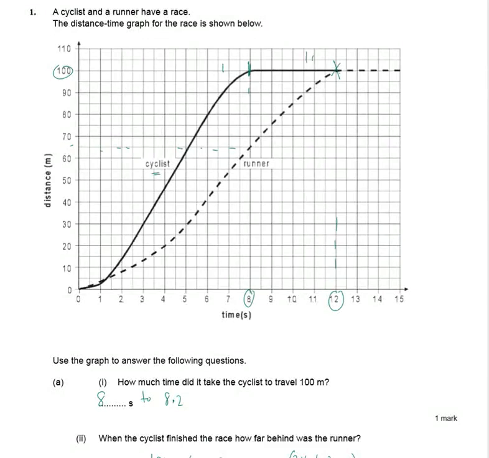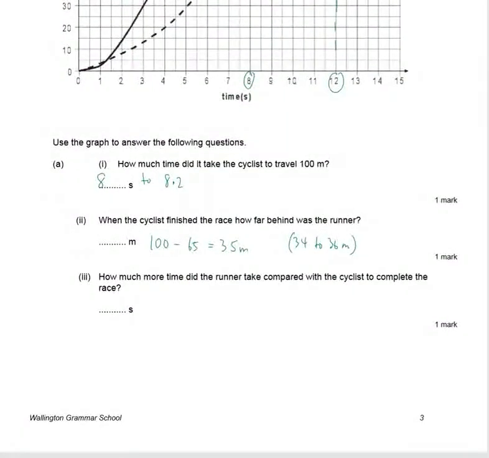The entire line is 100 meters. So from 8 seconds all the way to 12, that's 1, 2, 3, 4, that's 4 seconds. So the runner was 4 seconds behind.